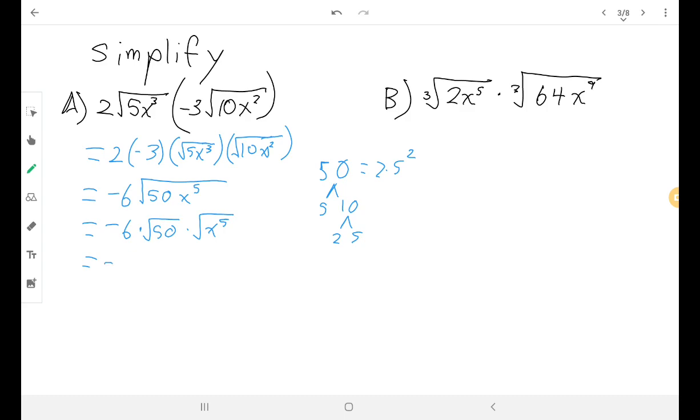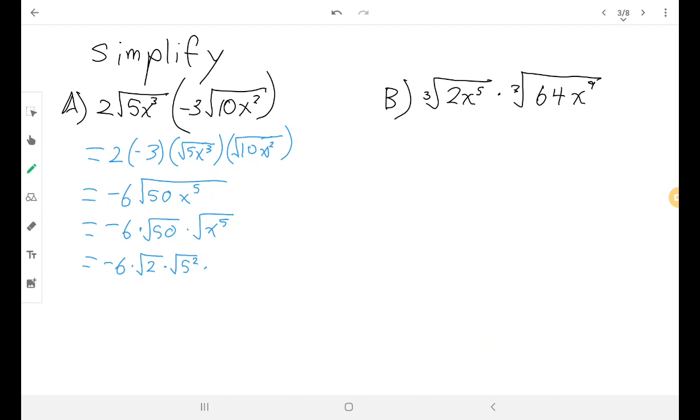So let's call it -6 times the square root of 2 times the square root of 5 squared times, and let me get rid of this so I have the room there. So the x to the 5th, how are we going to deal with that?